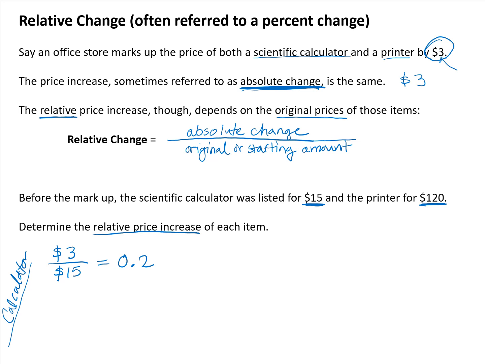So how we convert a decimal to a percent is we move the decimal point 2 places. So this becomes 20. We need a placeholder for the spot that we don't have anything in. So that would be a 20% increase in the price. So this 20% is telling you how the price has increased. So a 20% increase in the price of the calculator.